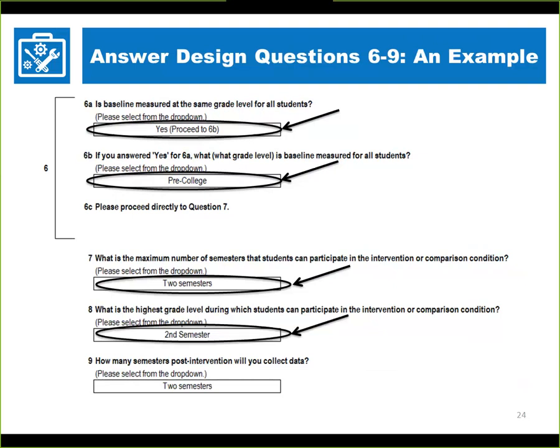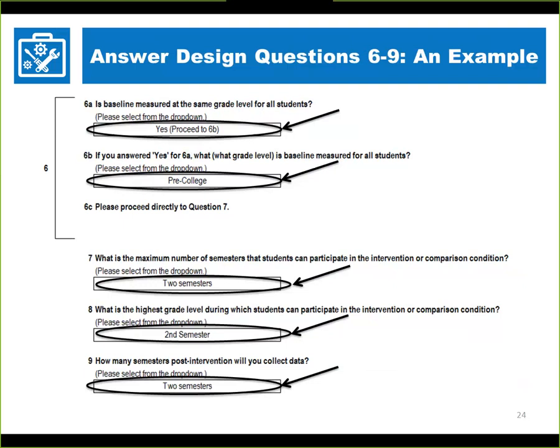We have a 2-semester, 1-year intervention for students that they participate in during their 1st semester in college and their 2nd semester in college. And then the last question asks, how many semesters post-intervention will you collect data? And in our example, as we've stated, that's 2 semesters post-intervention.